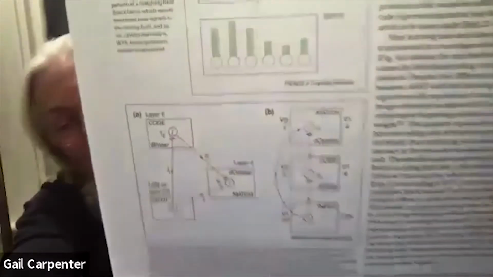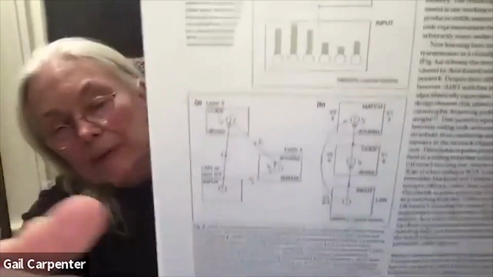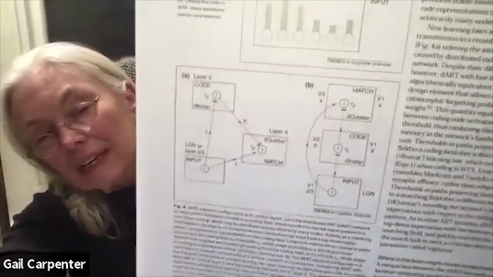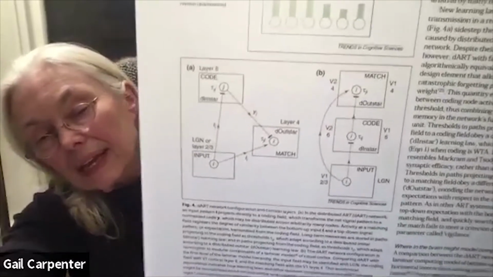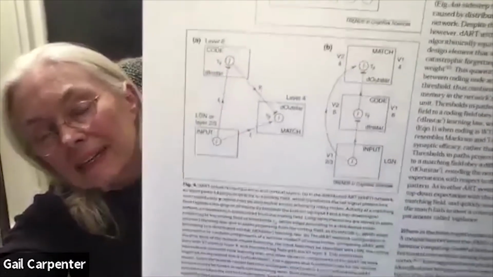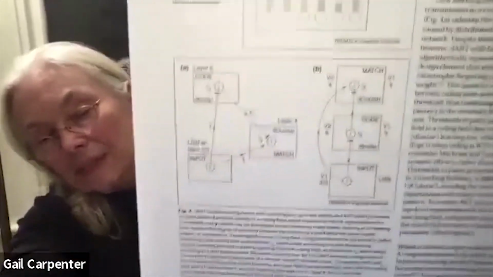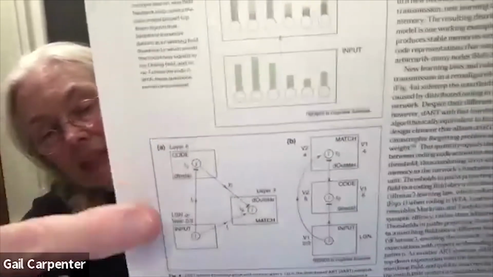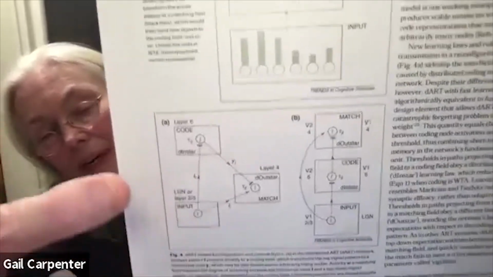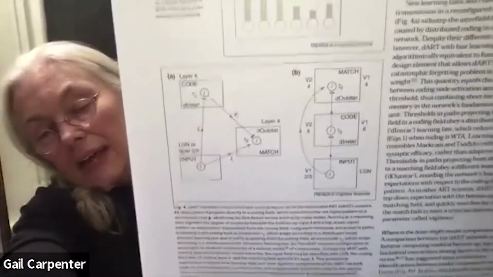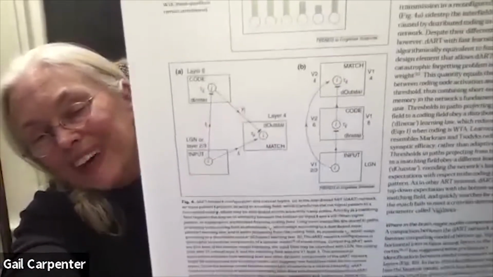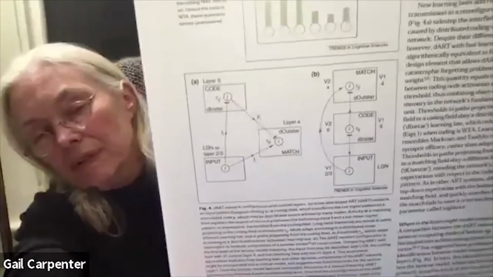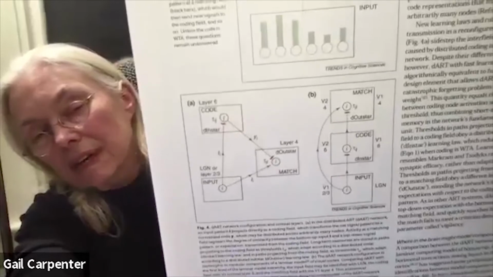Well, one thing I found exciting, and this is actually a paper in Trends in Cognitive Sciences that I was invited to write. And so it was not in a modeling journal, it was in a science journal. And one thing I was very excited about was that the distributed ART architecture had, in my mind, a very compelling mapping of these fields over to certain fields in the cortex.